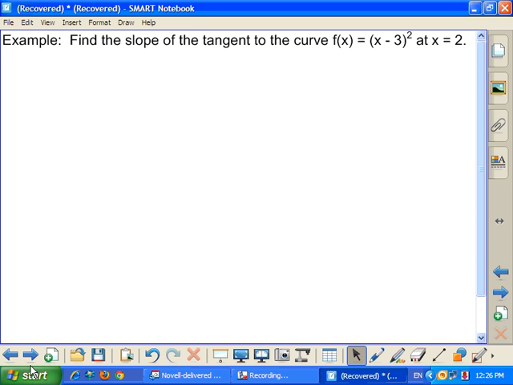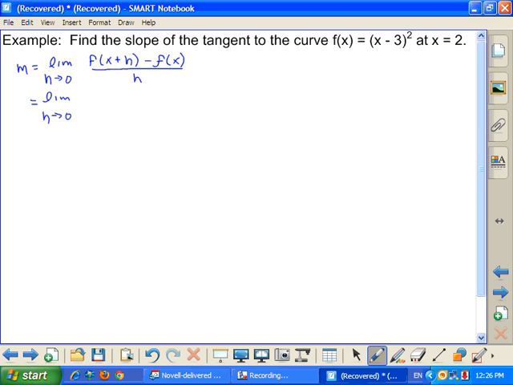Find the slope of the tangent line to that curve at x equals 2. So I'm going to go with the equation m equals the limit as h approaches 0 of f of x plus h minus f of x, divided by h. So that function, everywhere there's an x, I need to replace it with an x plus h.